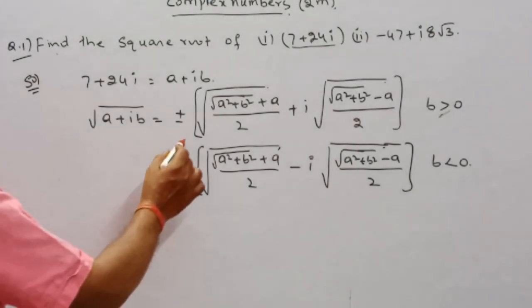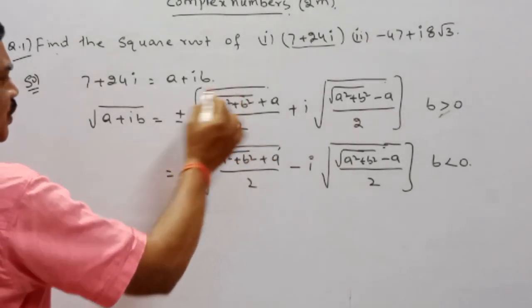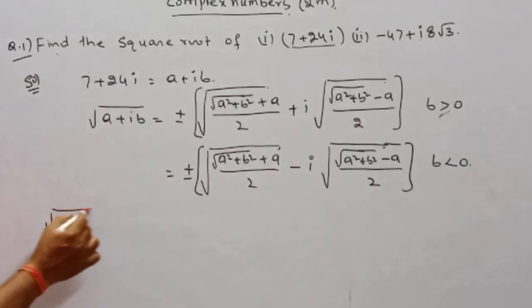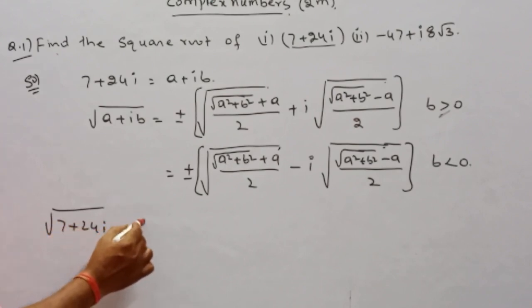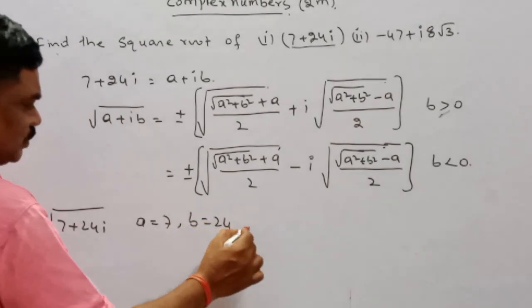By using this formula, first you have to find root over a square plus b square. Here, for 7 plus 24i, a is equal to 7 and b is equal to 24.